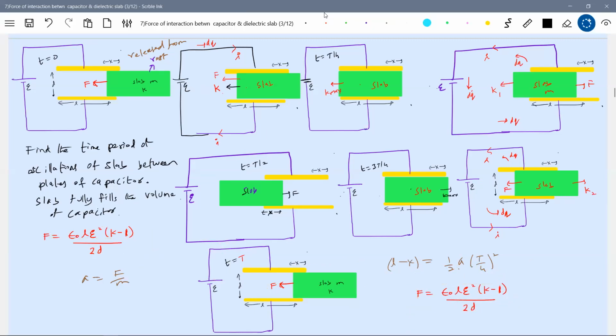The next step, we'll write it here: L minus X equal to half, in place of A it will become F by M, times T square by 16. Now solve for T to get the required answer.